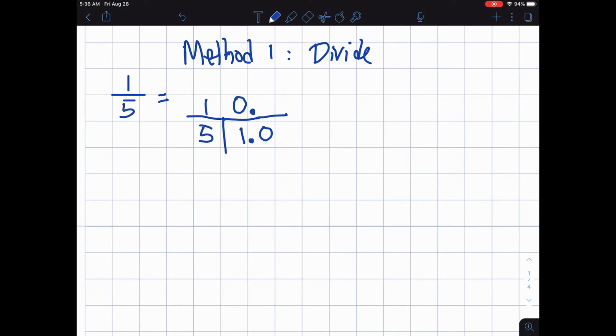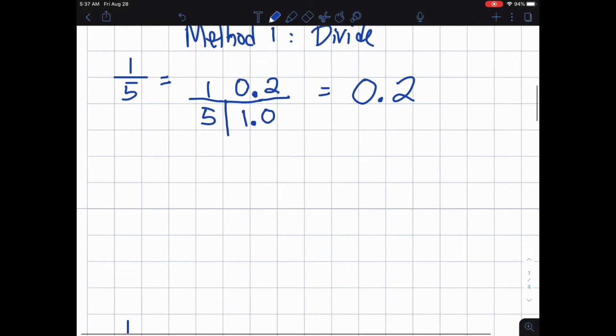So you make sure you line up the decimals. Now you could easily divide. How many 5 goes to 10? Or what is 10 divided by 5? It's simply put as 2. So now your 1/5 is 0.2, or simply put 2/10.